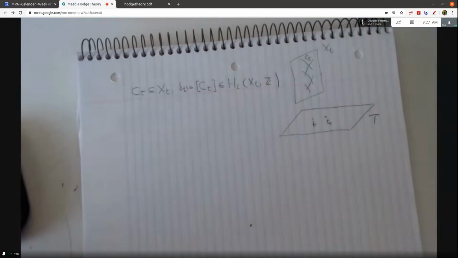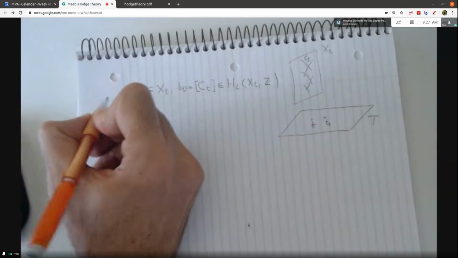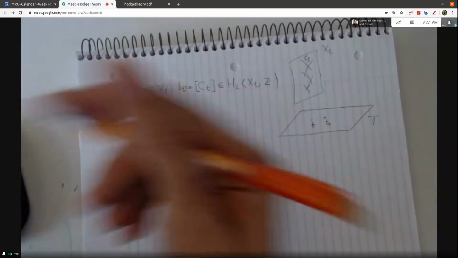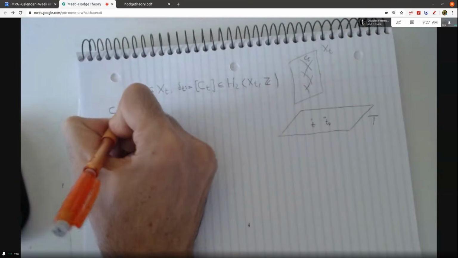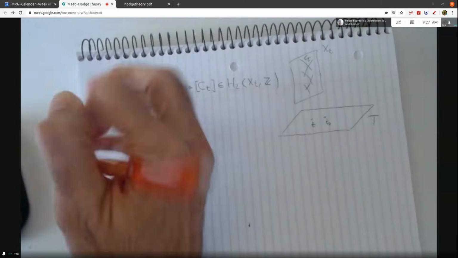So I think one can make it more rigorous, but the idea is that I talked about Picard-Lefschetz theory, monodromy, and so on. So this means that at the end of the day, Ct1, Ct2.